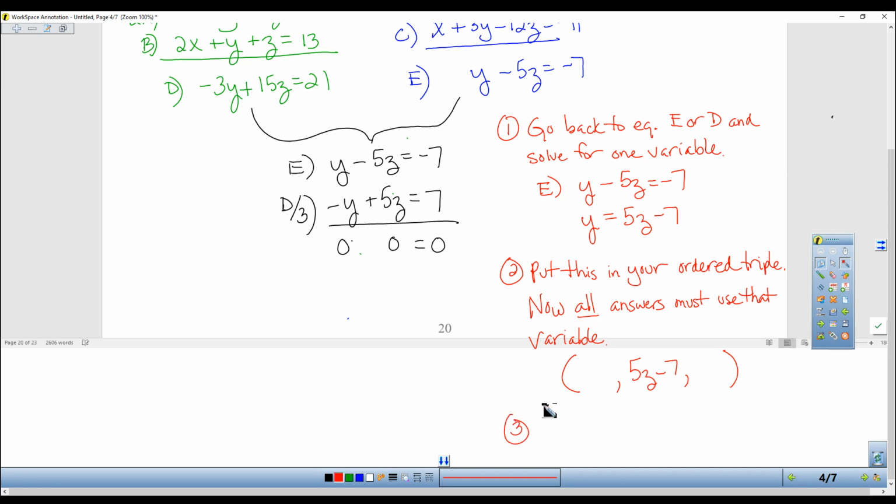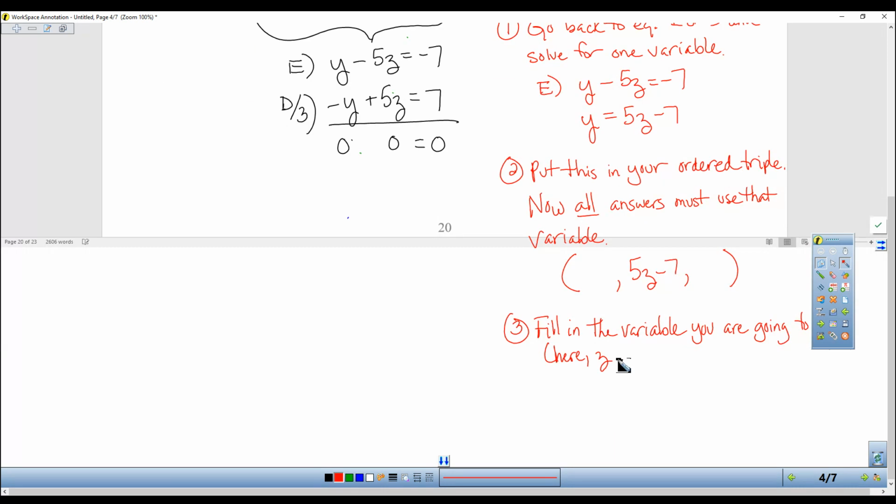Step 3, fill in the variable you're going to use, which in this case is going to be z, to its spot in the ordered triple.